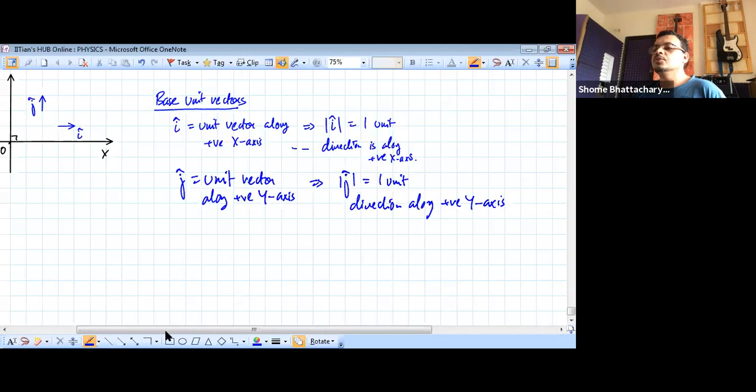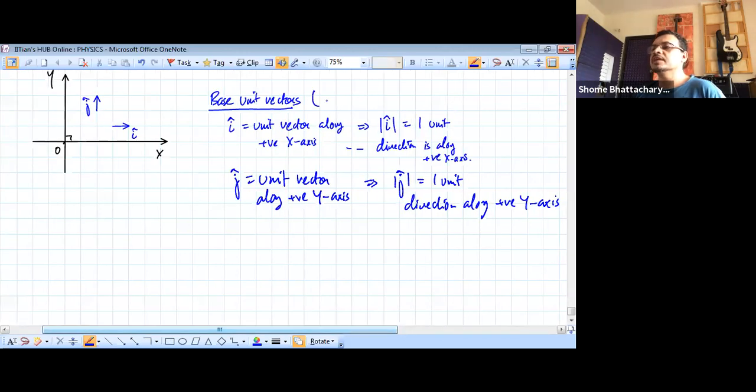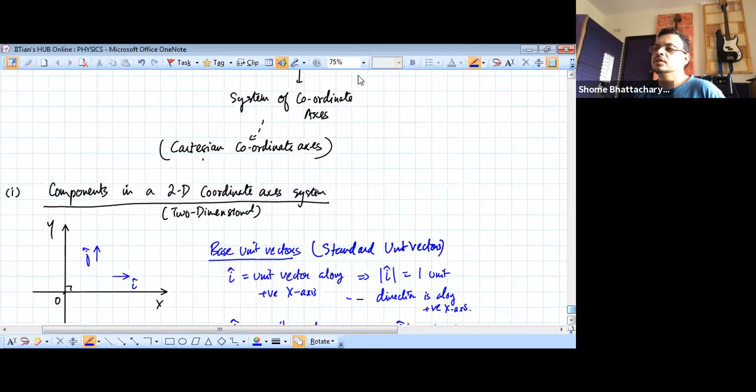So in the component system, that is the first thing we do. We define the base unit vectors, or what are called the standard unit vectors. Then using this, we will write the component notation or the component representation of any vector.